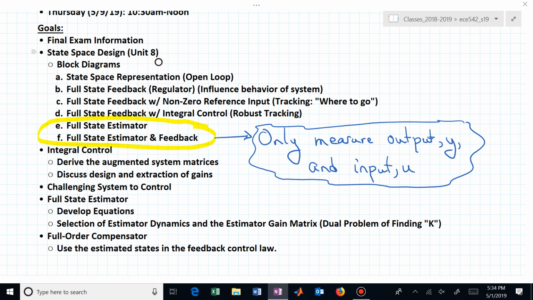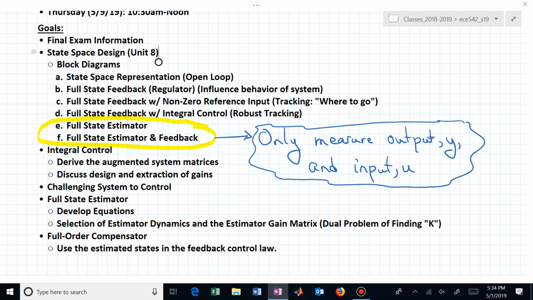But we will look at A, B, and C, and then what I want you to be able to do after this class is be able to work with D, E, and F, or know how to use those, and also to start being able to do integral control. And we'll walk through how you can derive that particular state space representation in what we will call augmented system matrices, and that's useful in approaches E and F as well.